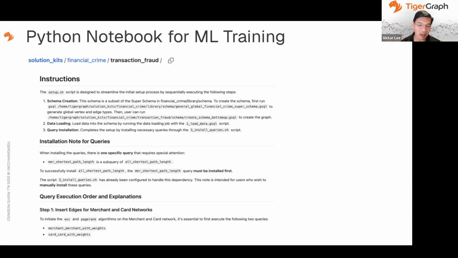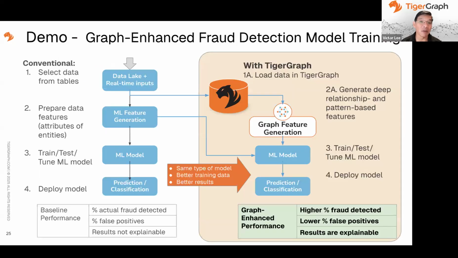It's not proprietary. There are industry standard open source ways of working with machine learning, and TigerGraph integrates very conveniently and smoothly with those. So what we have is a Python notebook that walks through the steps of how you would build your machine learning model.